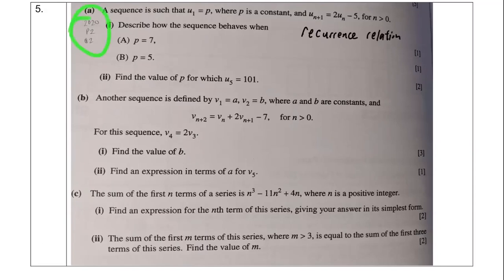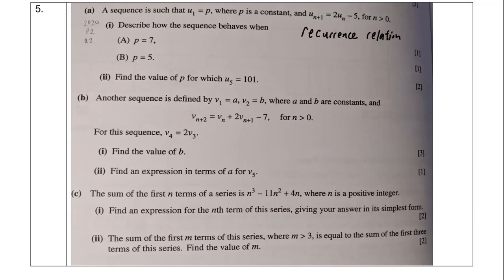So they still expect you to be able to handle it, not by solving for un directly, but in a more straightforward way.